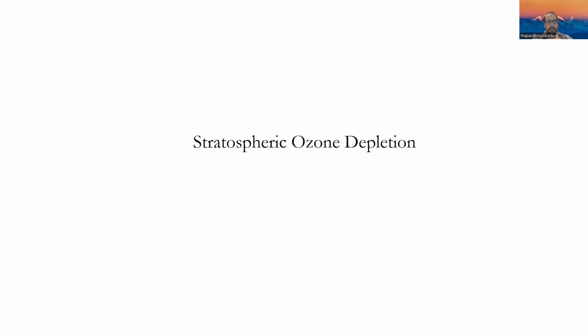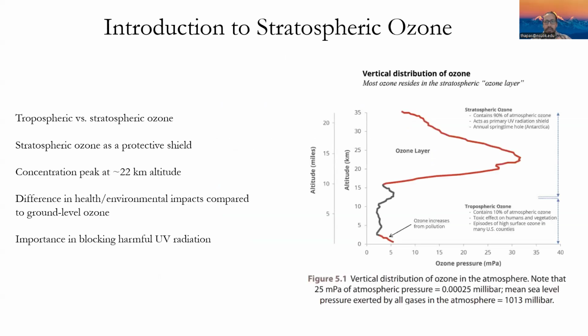This week we'll talk about stratospheric ozone depletion. Stratospheric ozone is a naturally occurring high concentration of ozone molecules, O3, in the upper atmosphere, unlike its harmful counterpart in the troposphere, which seals life on Earth.